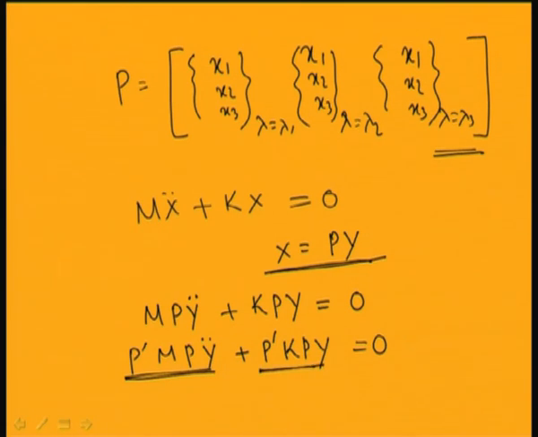Now, one can show that this P transpose m P and P transpose k P are diagonal matrices. So, this equation is reduced to a diagonal matrix form in terms of another set of coordinates, that is y. In this way one can reduce a multi degree of freedom system to an equivalent single degree of freedom system by using this modal matrix. This method is known as the modal analysis method.